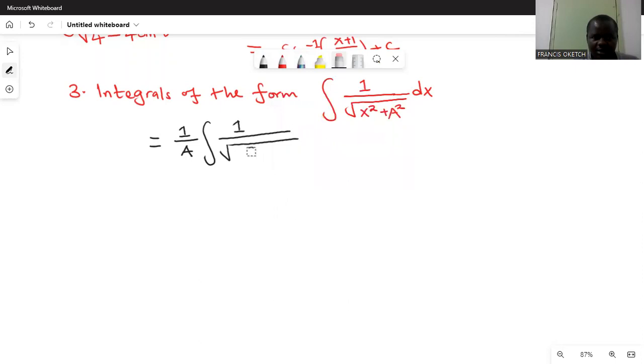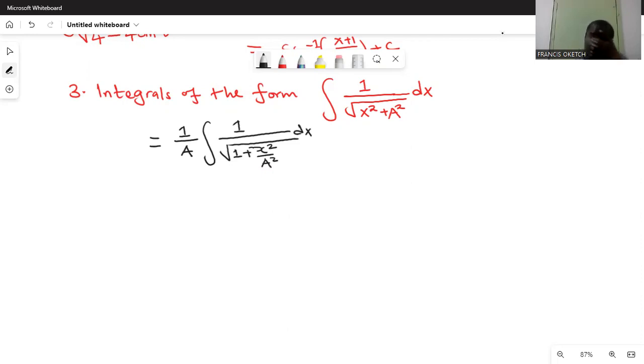I can write this as the square root of 1 plus x squared over a squared dx.